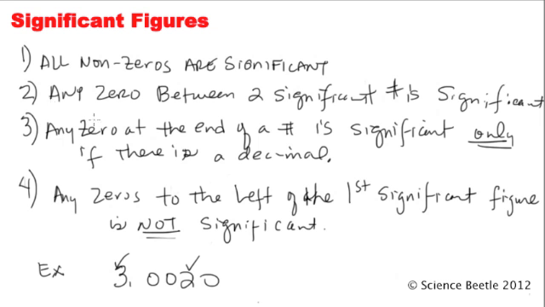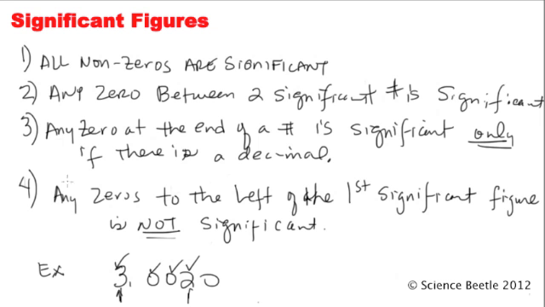Any zero between 2 significant numbers is also significant. I've got 2 zeros here in the middle that are going to be significant simply because they meet the condition for rule number 2. That is that they are between 2 significant numbers.